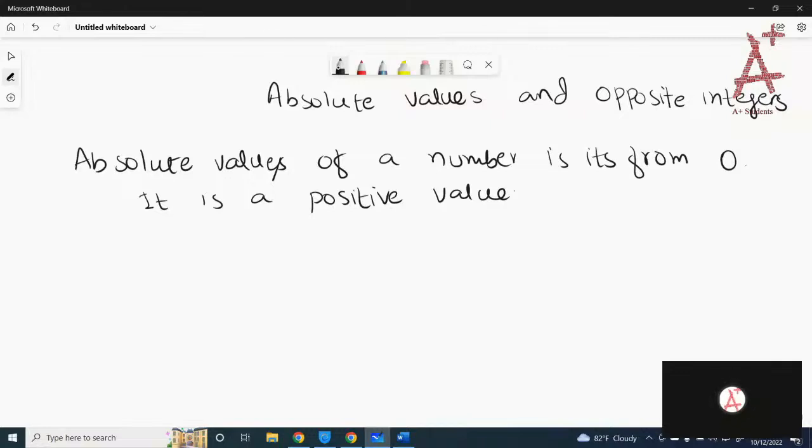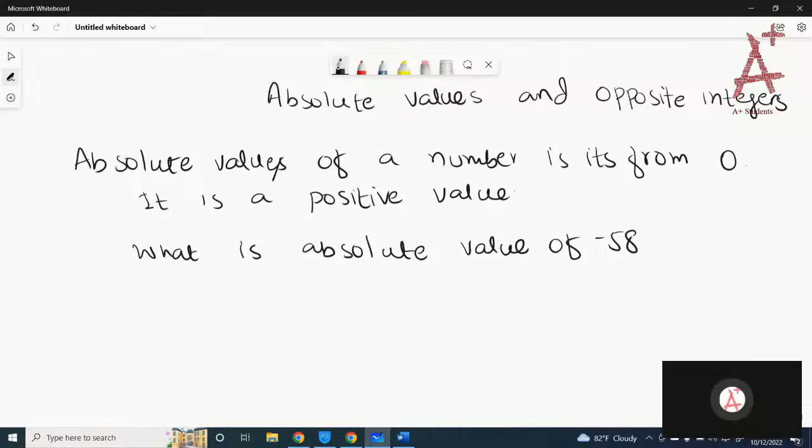Got it? So let's start with an example. For example, what is the absolute value of negative 58? So the absolute value of negative 58 is, absolute values are positive values, so it would be 58.